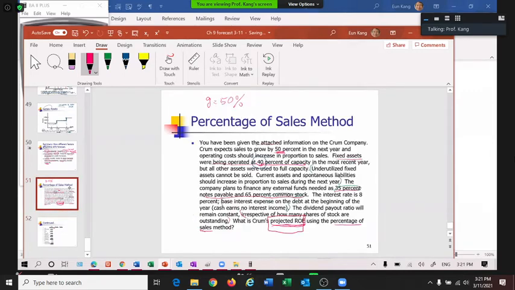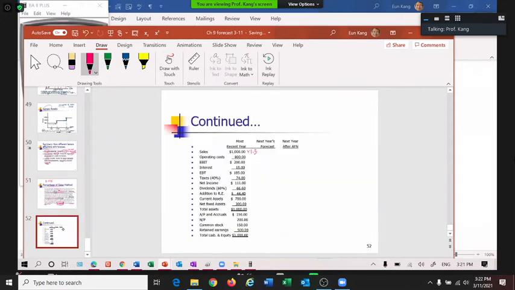It says the percentage of sales method, so we assume that everything increases in proportion to sales. It boils down to just growing every item, spontaneous items, by multiplying by 1.5. So next year's forecast is 1,500.